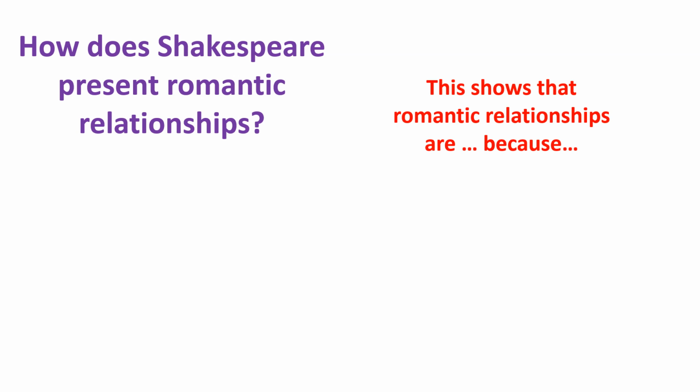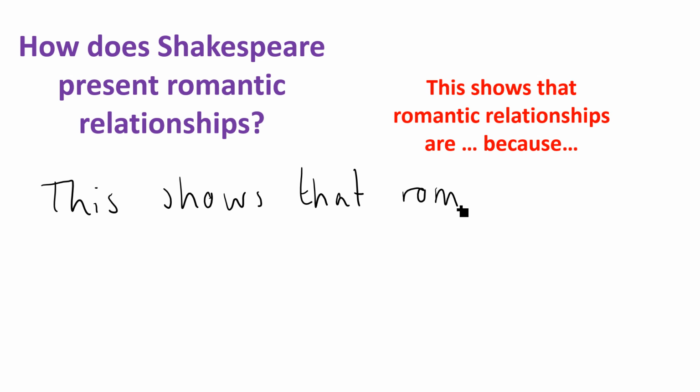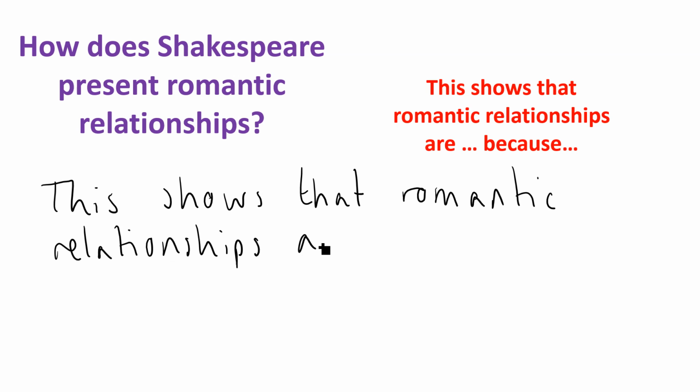So let's start off with that. This shows that romantic relationships are chaotic. That's the word I use at the start of my paragraph, so that's the word I'm going to use now. Now I need to explain why I think that's the case.